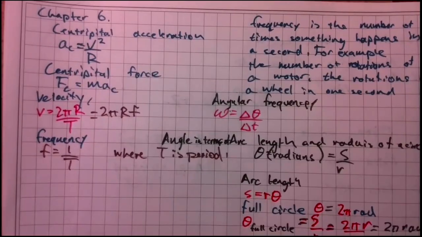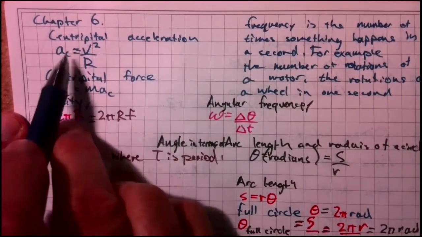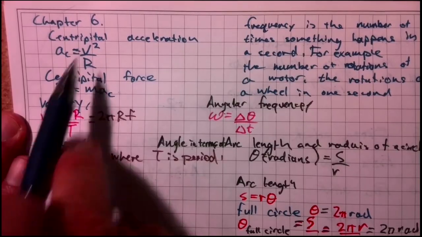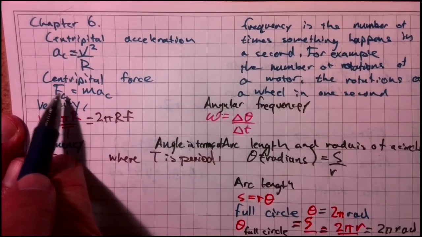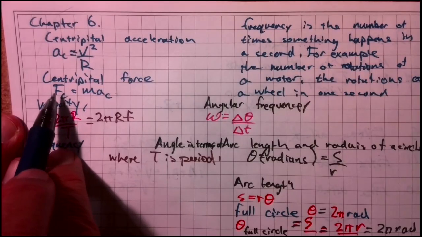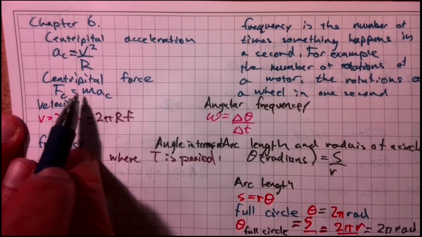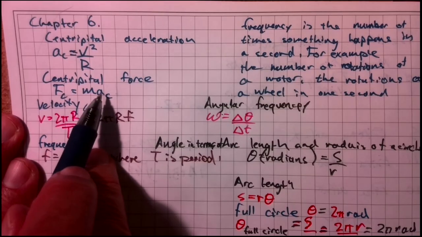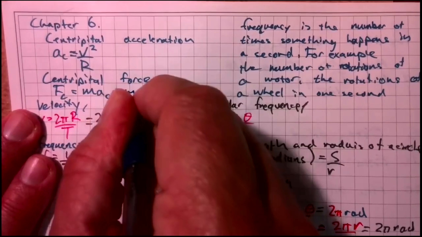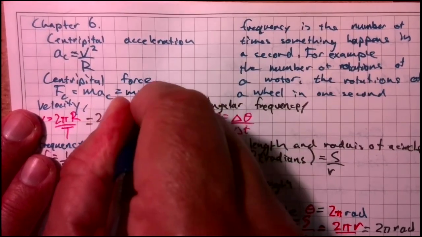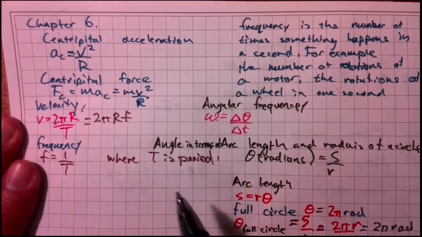Okay. So for centripetal acceleration, we saw that centripetal acceleration is equal to v squared over r. Right. And you can always put that acceleration into Newton's second law. So you could have the force equals m times a_c, which is the centripetal acceleration, and we can substitute that with our expression, v squared over r.